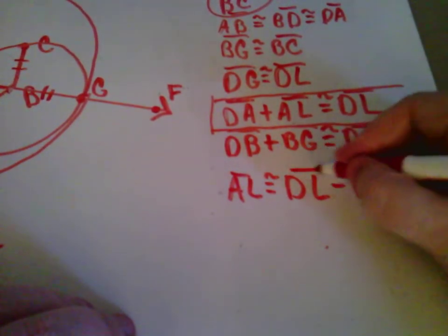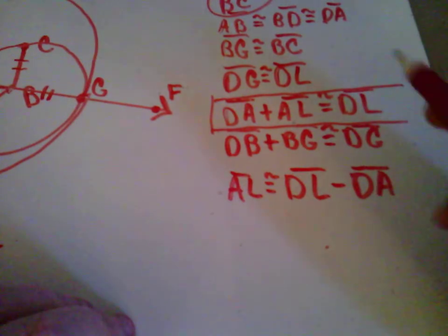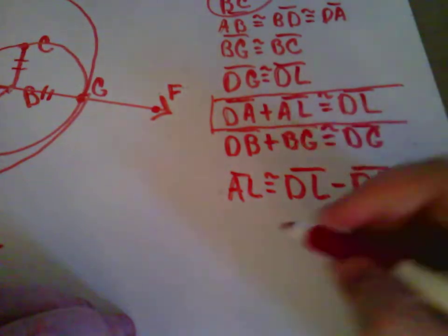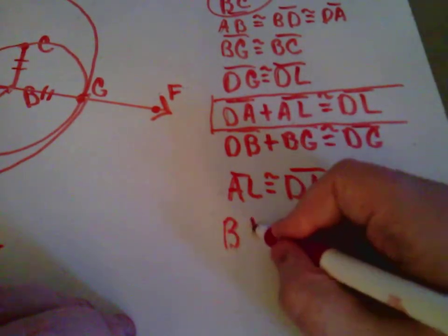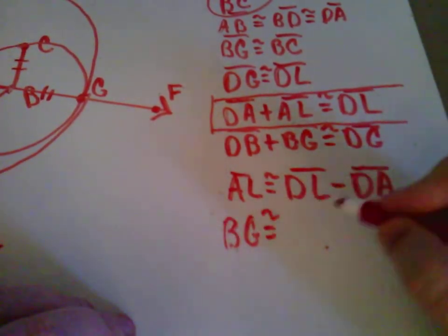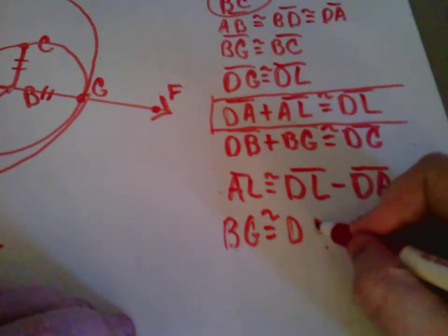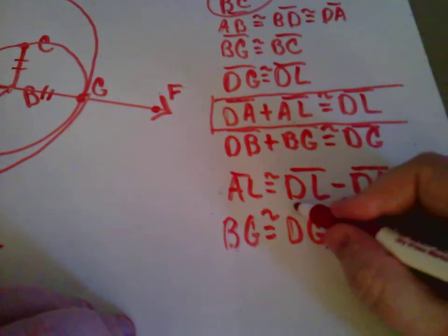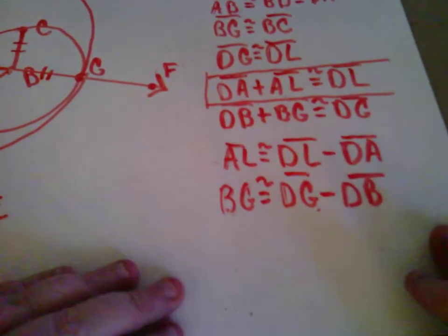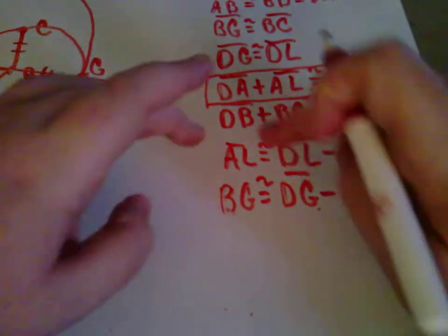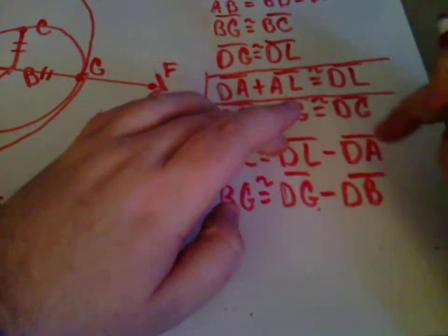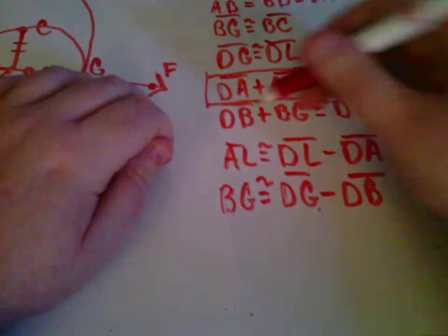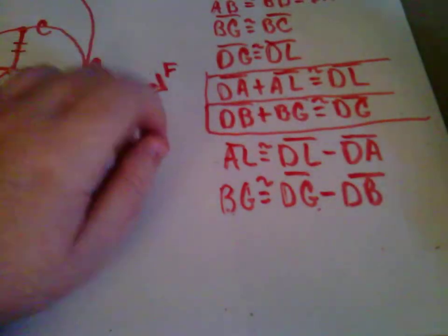Something wrong with that? We can subtract line segments from one another. Let's do the same thing here. For this, BG, let's subtract DB from both sides. BG is congruent to DG minus DB. All set with that? If we take this segment, and subtract this segment, we get this segment. Same here. All right. Well, I'll say we're actually almost about done.